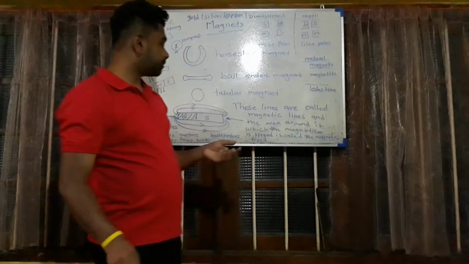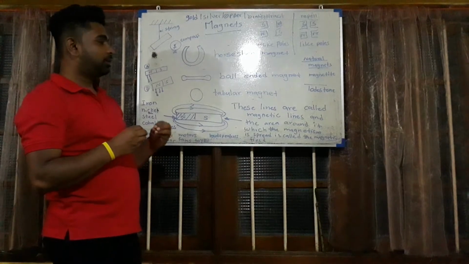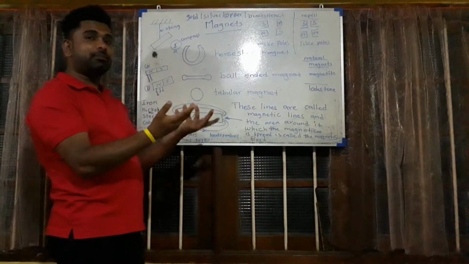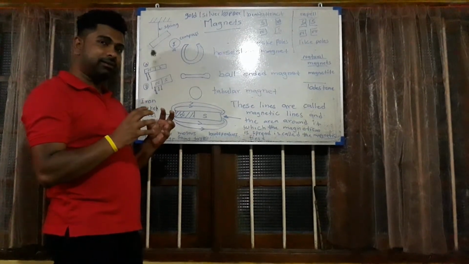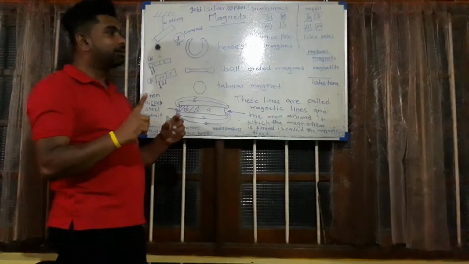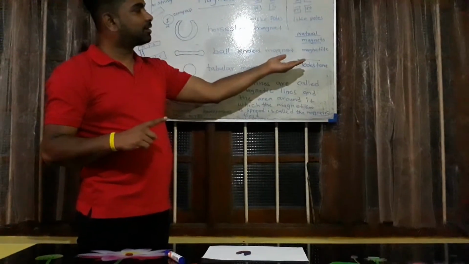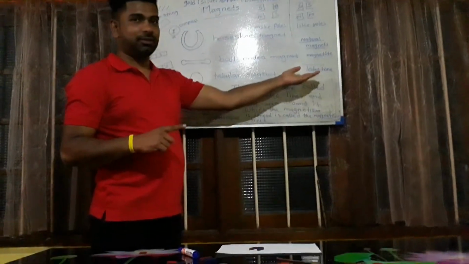Okay, children. So substances which can attract some special iron-like things are called magnets. These magnets we can divide into two groups. Natural magnets. What are the examples? Magnetite, lodestone.